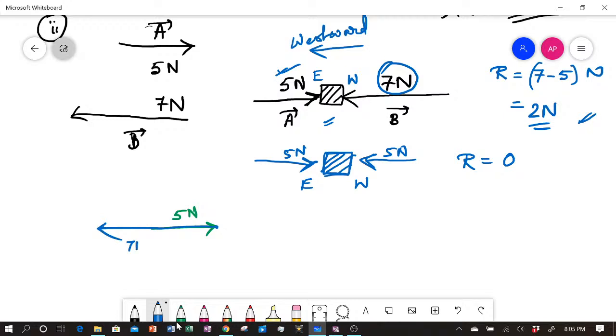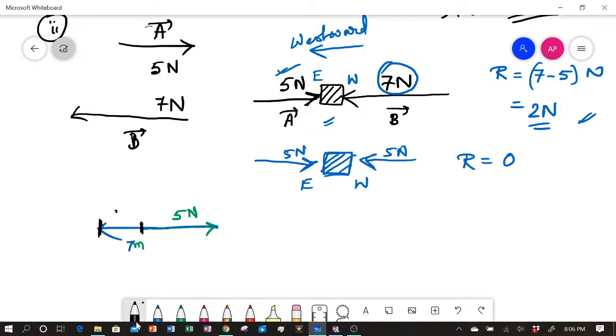This is 7 Newtons. So we can see that this vector B overlaps A vector, and this much is greater than this much, right? Actually, this should start from here if we take the length as the magnitude. So this is the greater part.